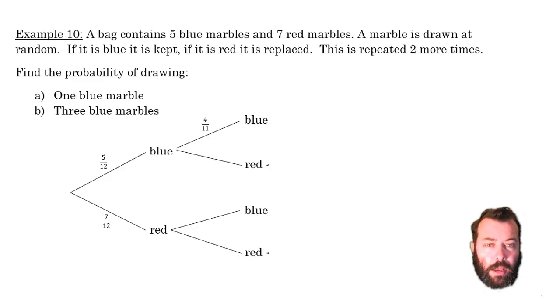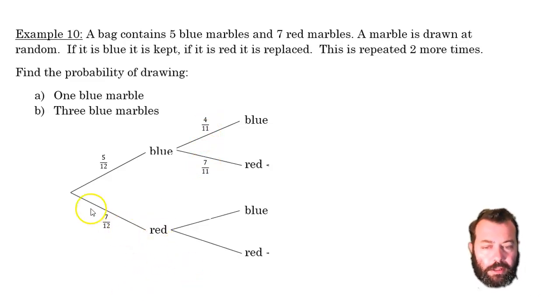Of those 11 marbles left in the bag, 4 of them are blue. So the probability of drawing a blue ball after a blue marble is 4 in 11. The probability that that ball taken out then is red is 7 out of 11. And you'll notice here that those two fractions add up to 1.